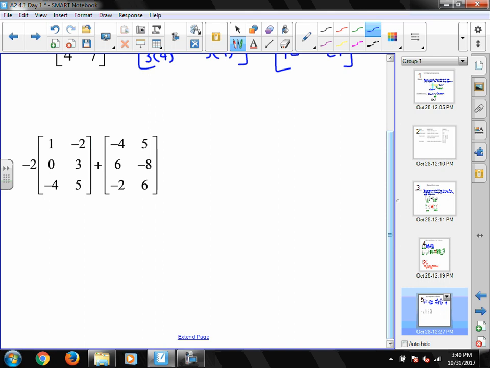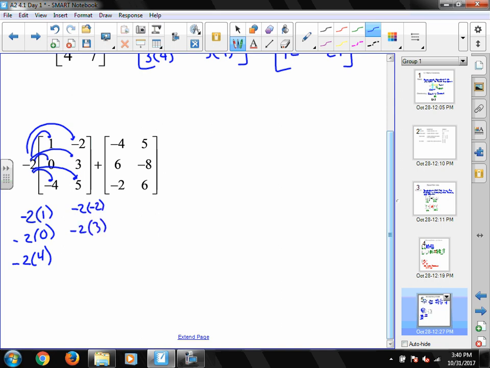So distribute to all of our different entries. So I'm going to get negative 2 times 1, negative 2 times 0, and negative 2 times 4, and negative 2 times negative 2, negative 2 times 3, negative 2 times 5.